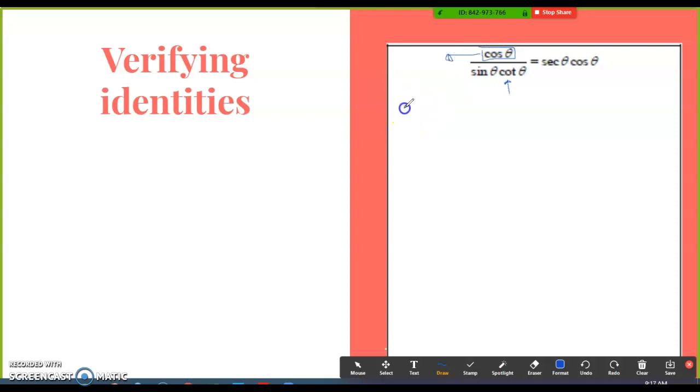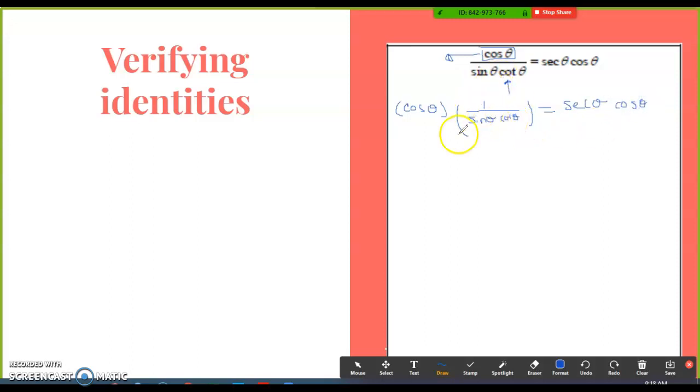So this is just the cosine of theta, and that's going to be times 1 over sine of theta times the cotangent of theta. And that's equal to secant of theta cosine of theta.